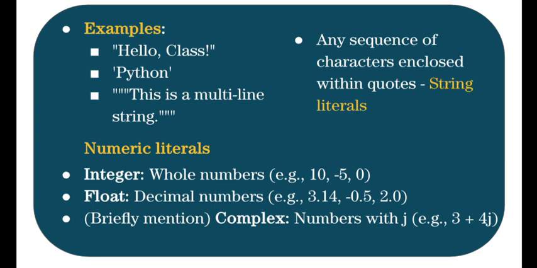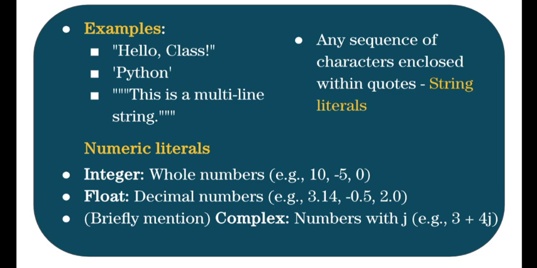You put text inside single or double quotes. If you have a really long text, then we can go for triple quotes. Here is an example: hello class in double quotes and Python in single quotes. This is a multi-line string in triple quotes.